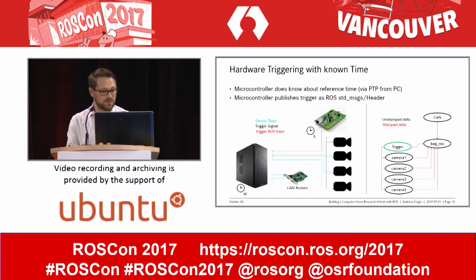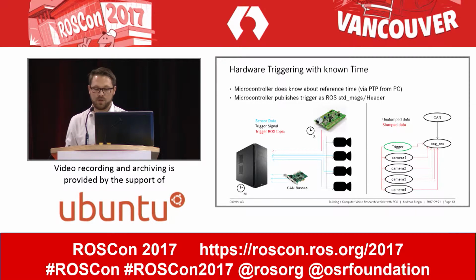On the next slide, you can see the added internet connection in red from the host PC to the microcontroller, which is used by the PTP time synchronization as well as the ROS UDP implementation. In this case, the host PC is the clock master, synchronizing the time to the microcontroller.